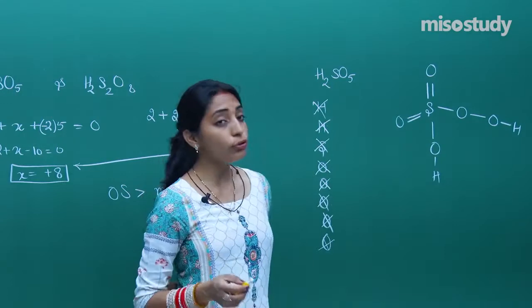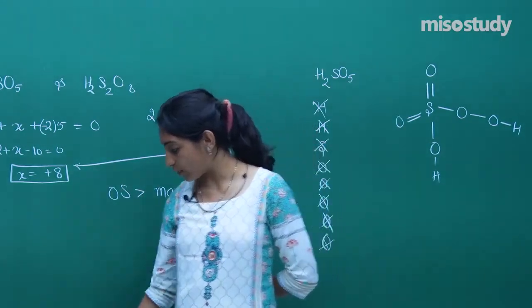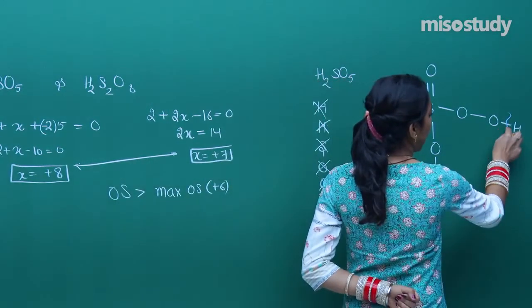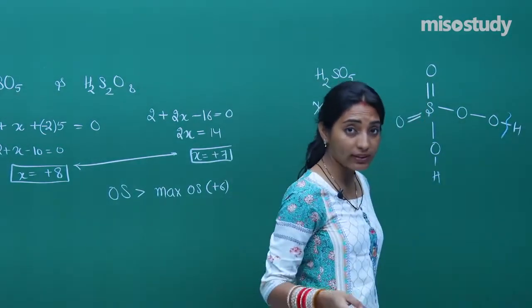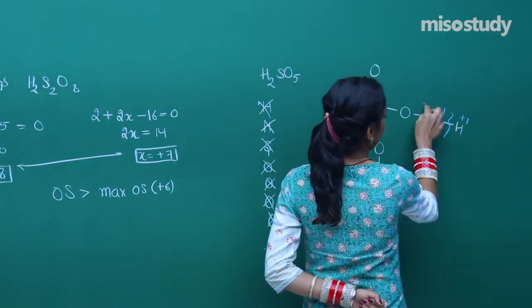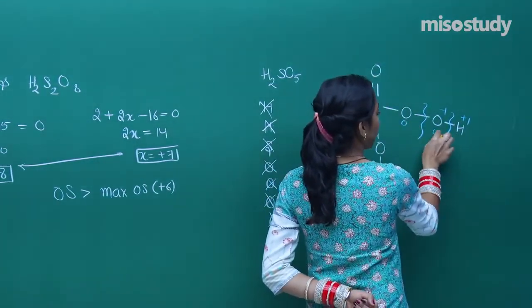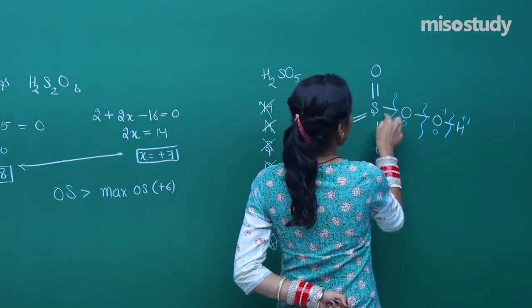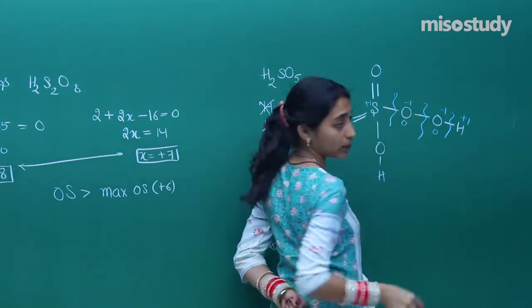Now if I ask you to find out the oxidation state, what you people do, you have to break each bond and give plus 1 to the electropositive and minus 1 to the electronegative. Minus 1 plus 1. Break this bond since both of them are exactly same, so 0 0. Break this, you get plus 1 minus 1.